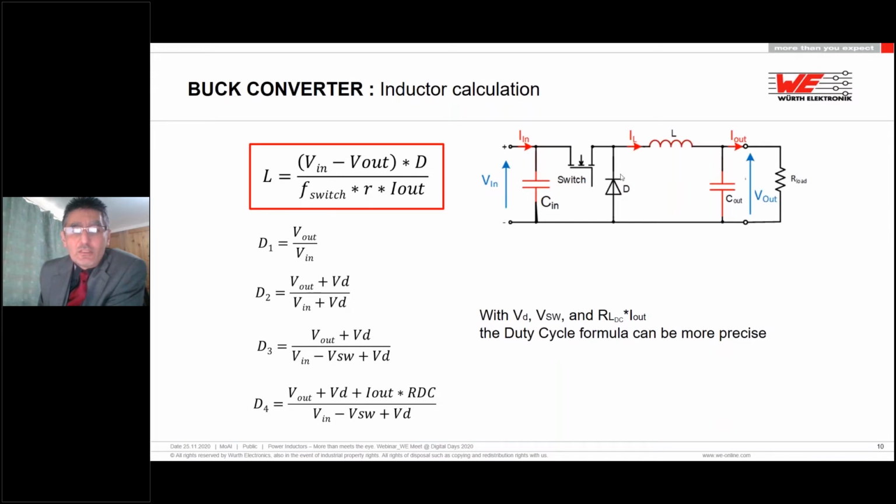And the bigger these values, VD or V switch, the bigger the inductance needs to be in order to achieve 20% ripple, say, or 40% ripple, if you say, I don't want any more ripple than this. So that's where the impact can be, and it's important to take this into account. You will see that in RedExpert, we do take the VD into account. It is the main parameter, to be honest, when it comes to L.